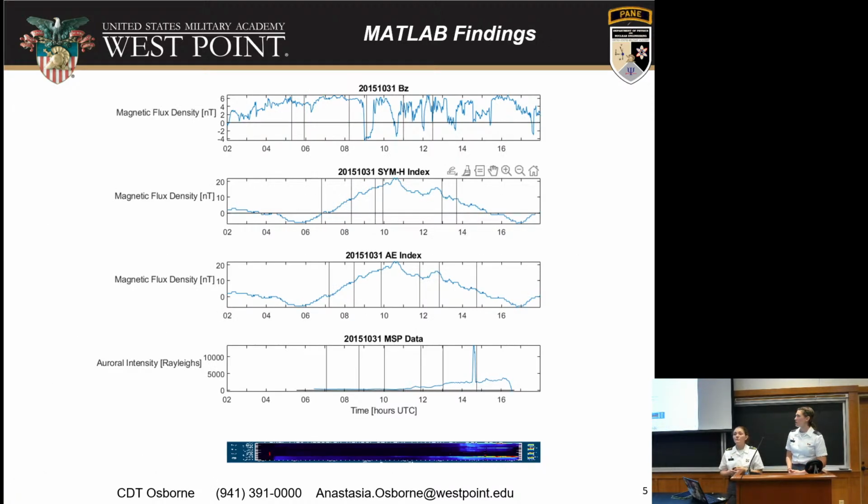Okay, so now I'll move you more towards our actual conclusions, or how we performed this sort of correlation. First, I wanted to acknowledge where we actually got this data from. The solar wind data was downloaded from NASA's OmniWeb, which is an open website. You can download it with different indexes. The optical imagery data was provided by Dr. Don Hampton at the Poker Flat Research Center.